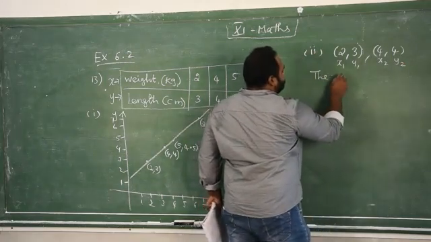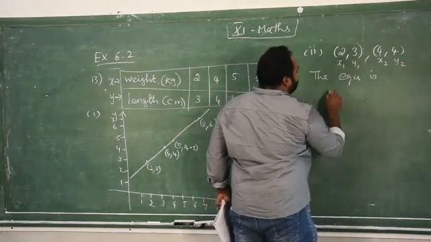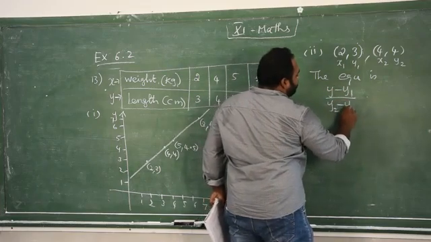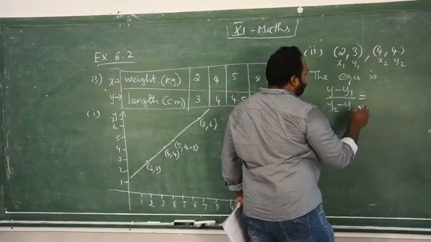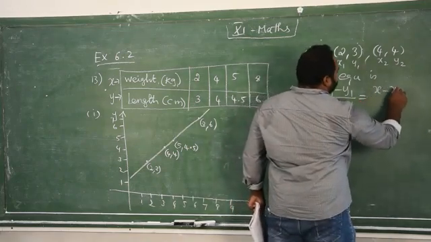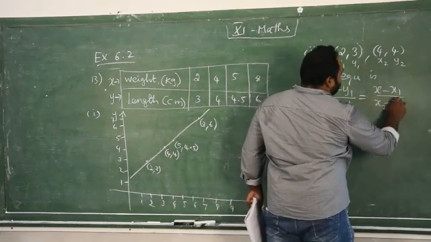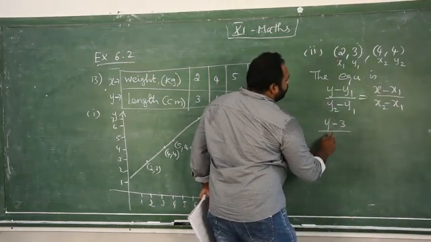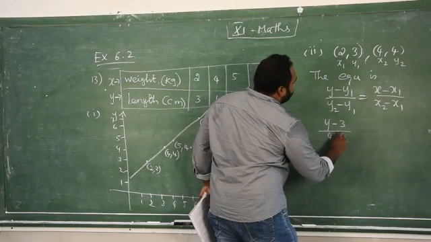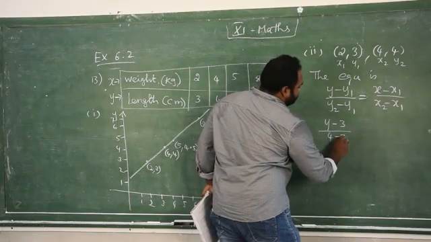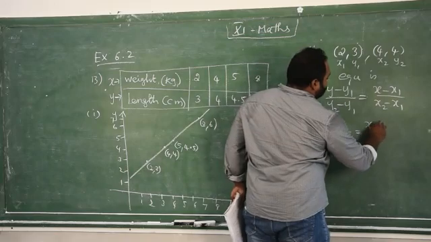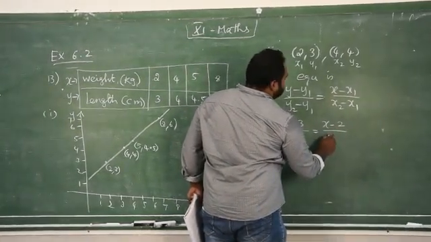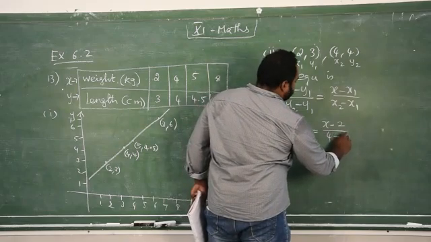We know the equation, the two-point formula, which you are already very familiar with: (y minus y1) divided by (y2 minus y1) equals (x minus x1) divided by (x2 minus x1). So (y minus 3) by (4 minus 3) equals (x minus 2) by (4 minus 2).